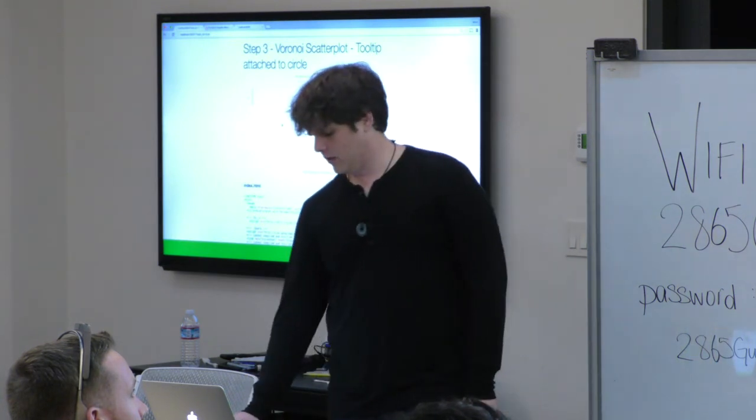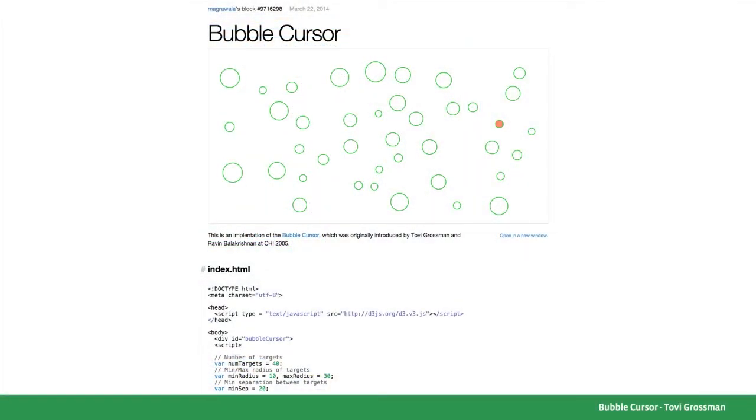Thankfully, in 2005, a couple guys felt the same way. They designed this thing called the bubble cursor. A bubble cursor actually replaces the mouse in a given area on your application. And what it'll do is show you the closest point that you can interact with on the plane and give you insight into how far away it is.